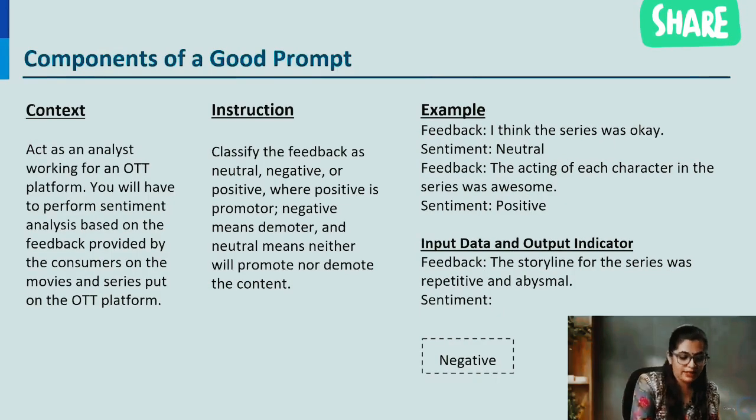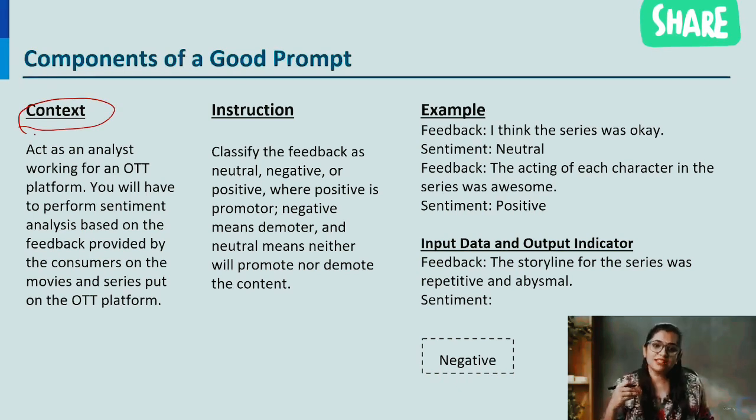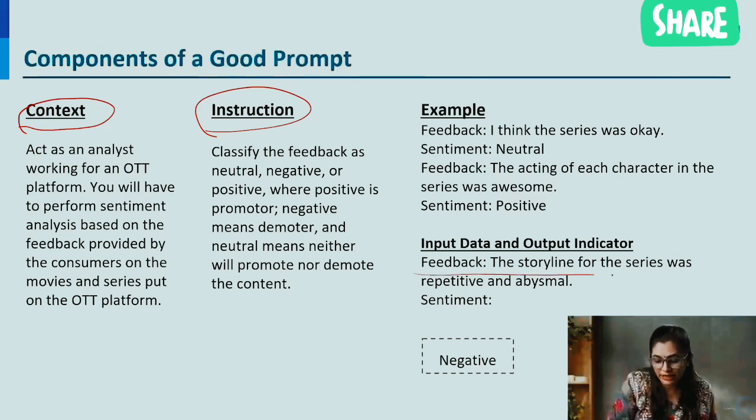That is your context that you have given, which tells ChatGPT to act as an analyst and do sentiment analysis. It gives an instruction to classify the feedback provided. That is your input data, and classify that feedback into positive, negative, and neutral.